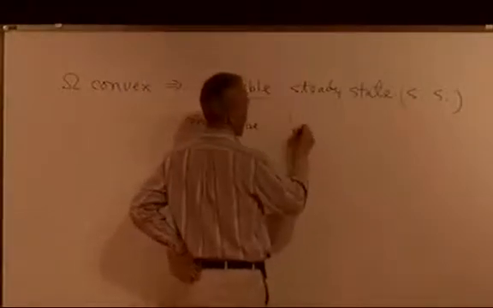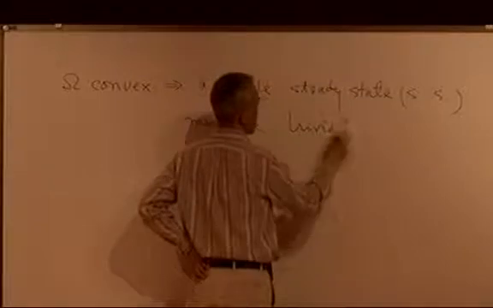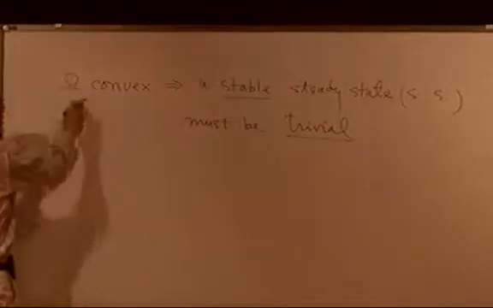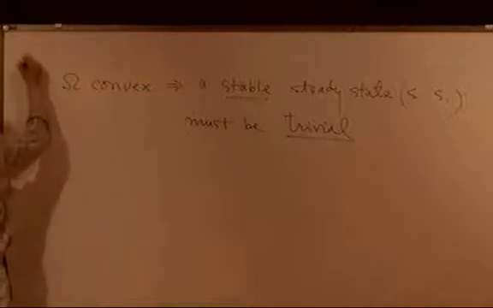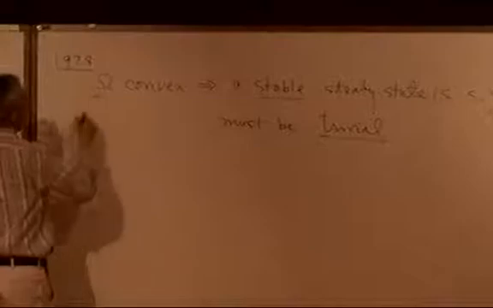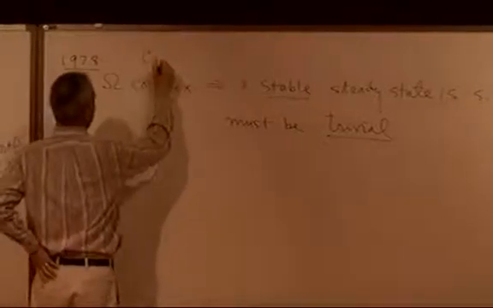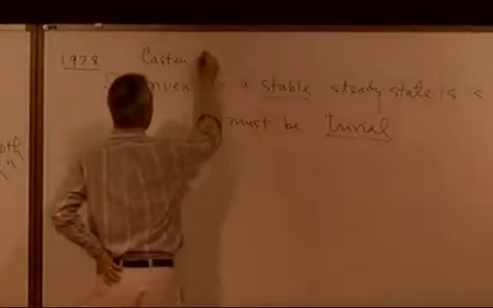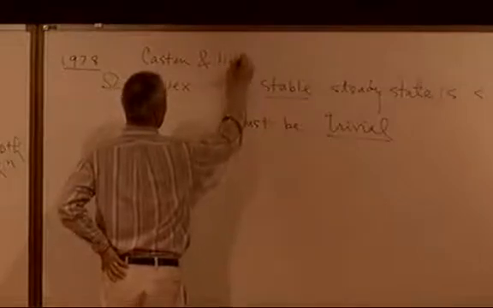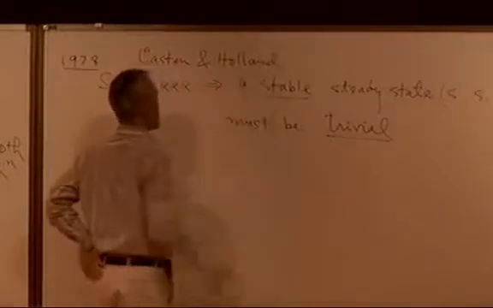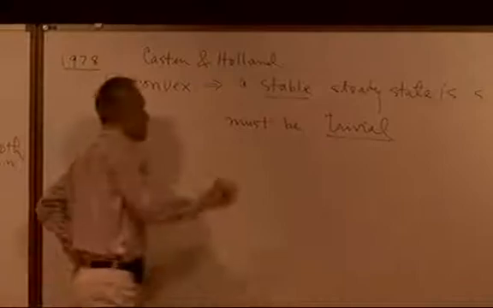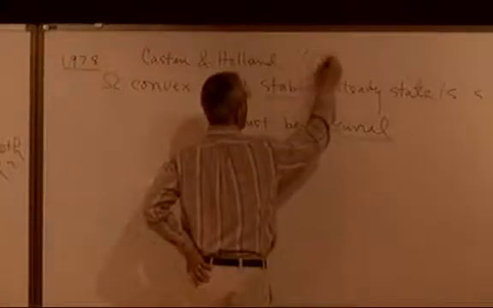Trivial means constant, if the domain is convex. This is proved. It's quite surprising. It's not so early. This is 1978 by Casten and Holland. The paper is in JDE.